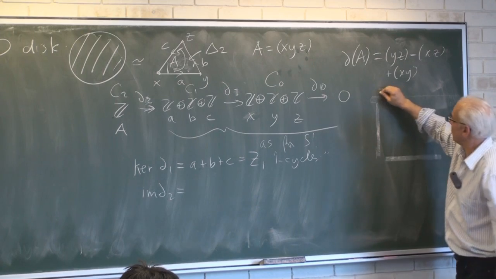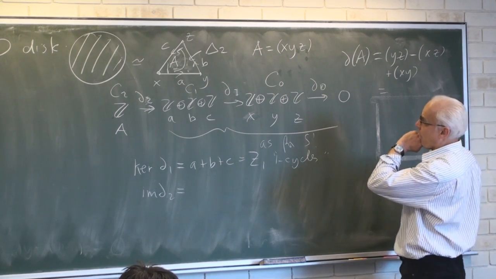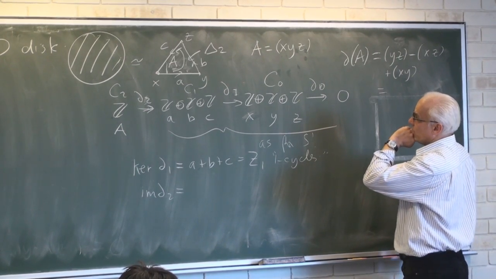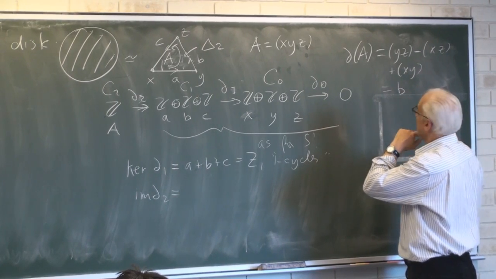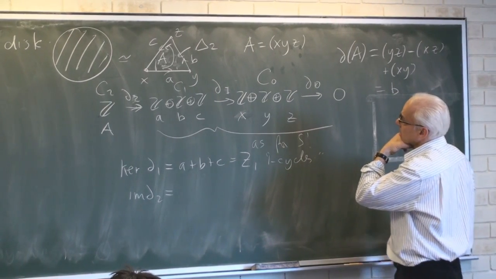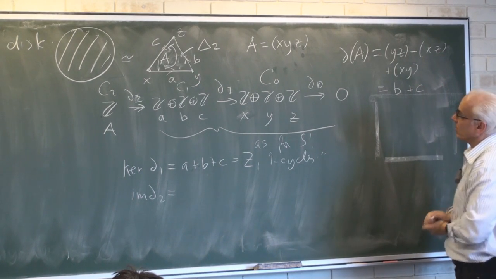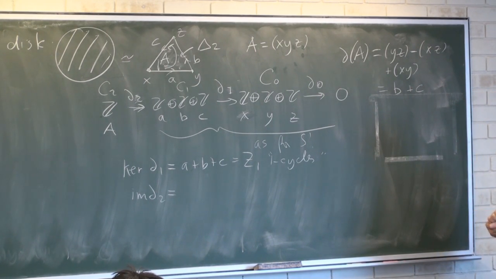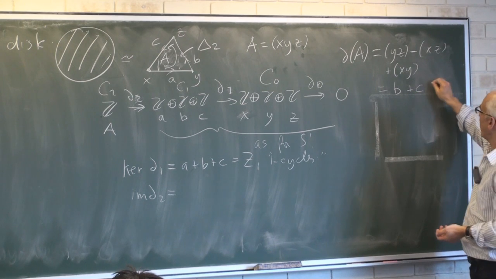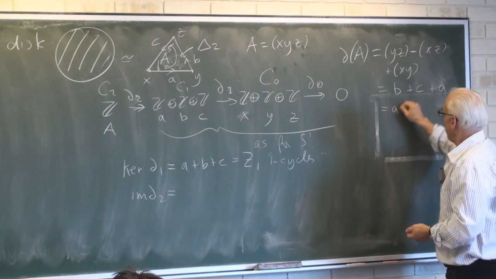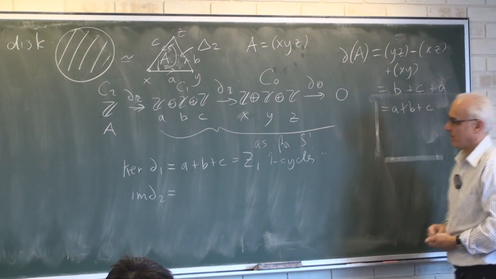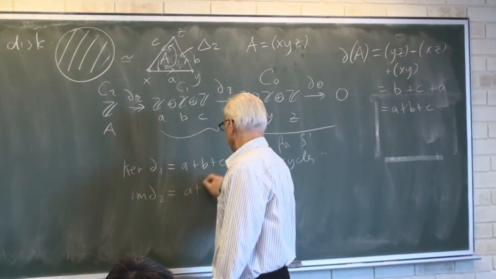And in terms of A, B, and C, the yz was B, the xz is minus C, so this is actually plus C. And the xy was A. So it's the same as the kernel.